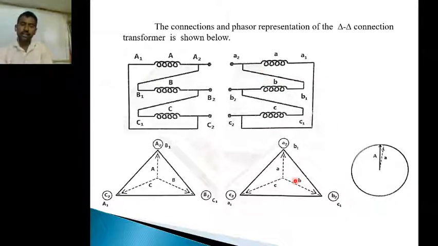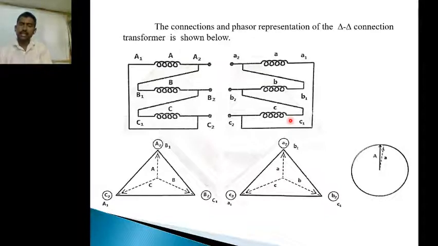If you consider the A phase, this is the capital A phase and this is the small a phase. If you combine these two on a single line, the representation is in this manner. By observing this, it is the 12 o'clock representation on a wall clock. That's why the delta delta connection with the same phase is known as the 12 o'clock connection, or capital D small d 12 connection.